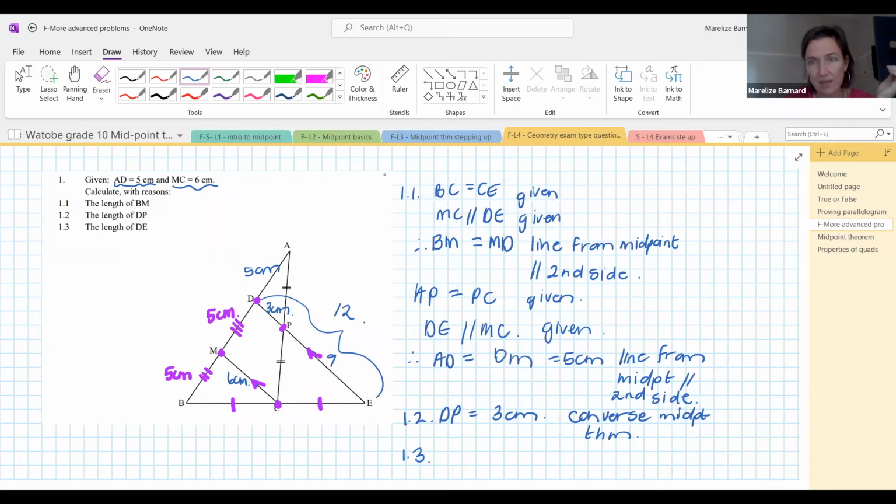Yeah, so don't forget to add the 3 centimeters, so that's going to be 12 centimeters, and same reason, converse midpoint theorem. Okay, give me a thumbs up in the chat if you are happy with that.